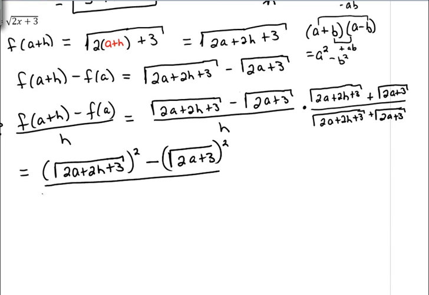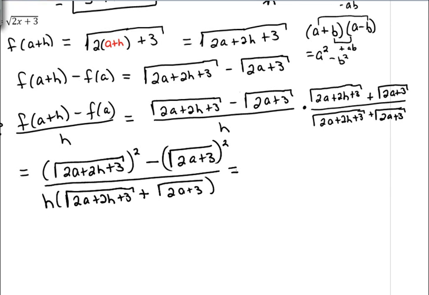This is all over h times the quantity square root of 2a plus 2h plus 3 plus the square root of 2a plus 3. And you don't want to distribute this h.